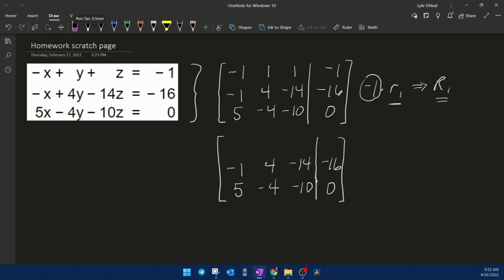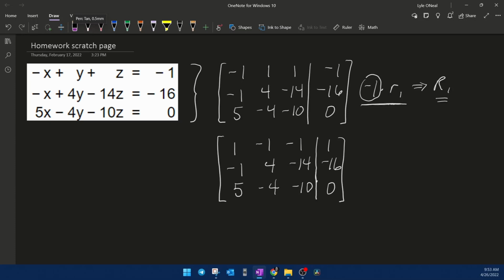And then once we have rows 2 and 3 copy and pasted down here in our new matrix, we need to execute the row operation. Multiplying row 1 through by negative 1, all that's going to do is change the signs. So that'll be 1, negative 1, negative 1, positive 1. And now we can see that our first objective is achieved.